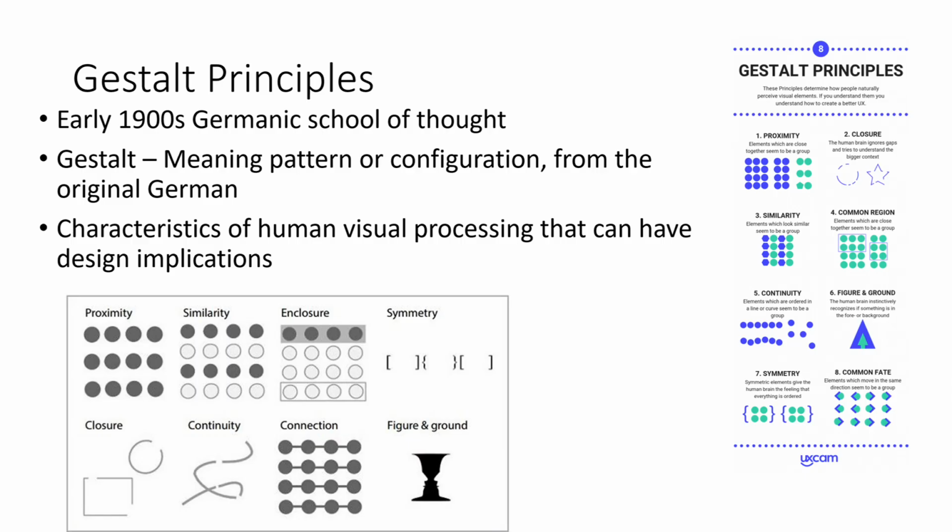So we have proximity. Elements which are close together tend to get grouped together in our visual processing. We have closure, so the human brain will ignore gaps in a line and try to understand the broader shape. Similarity, elements which look similar will also be grouped together. Common region, so elements which are in the same region seem to be a group.